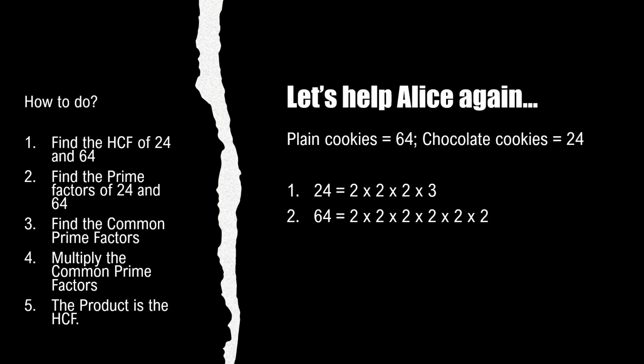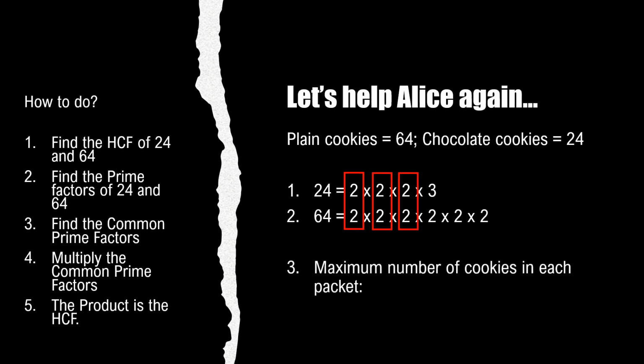The next step is we have to find out which factors are common in both the numbers. We will find them out. So 2 is common. The next 2 is common. After that, the next 2 is common. There are no more common numbers left. Now we will multiply all the common numbers and get the HCF.